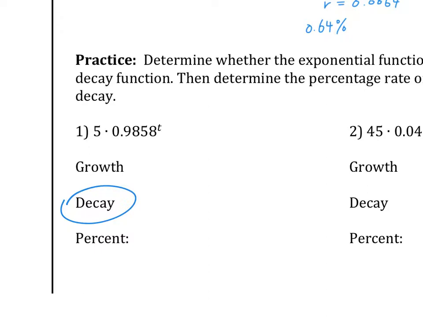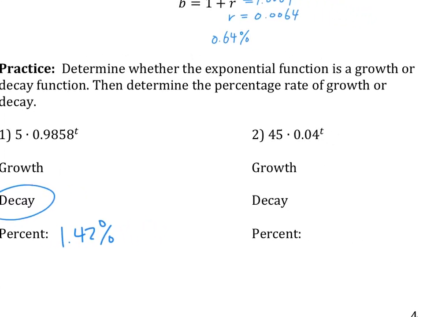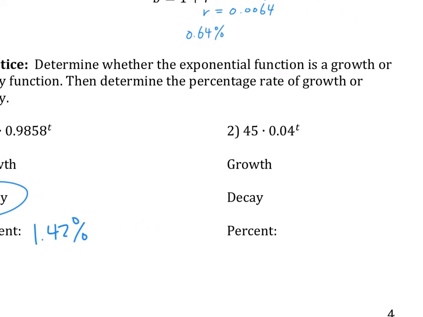What number? 1.42. So if you say negative 1.42, that's fine too. Negative just means it's going to decay. So if you already said it's decay, then it's not necessary that you put negative, but you could. Number 2, Evan, growth or decay? Josh, what percent? Yes, 96%. So please be careful.